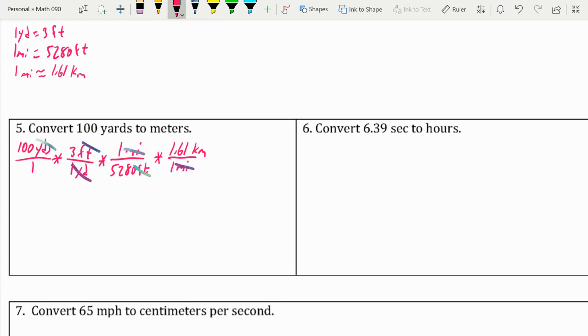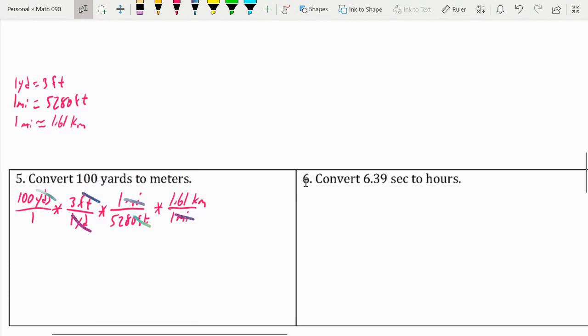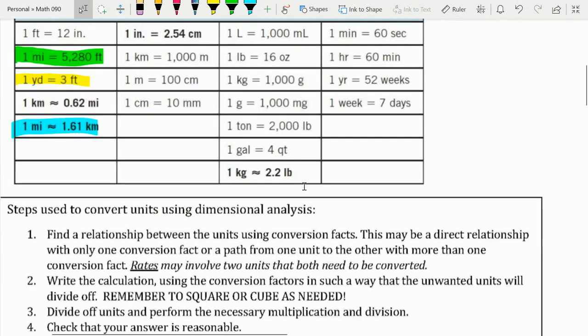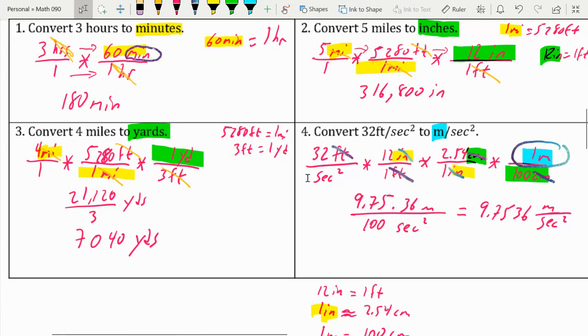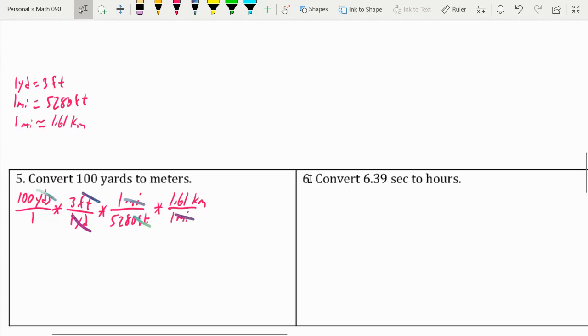Now we're at least into the metric system. We got away from the English units. So now kilometers. Am I seeing anything up here with kilometers and meters? Because we wanted to get into meters. So here it is. 1 kilometer is equal to 1,000 meters.